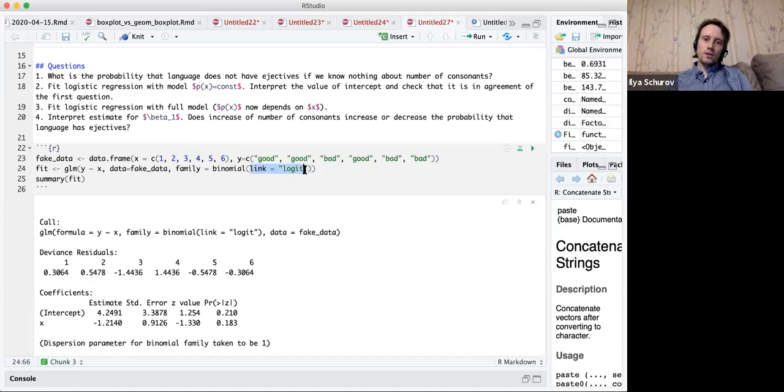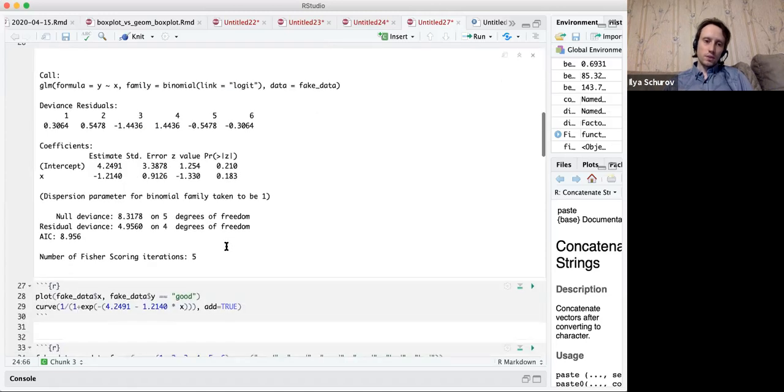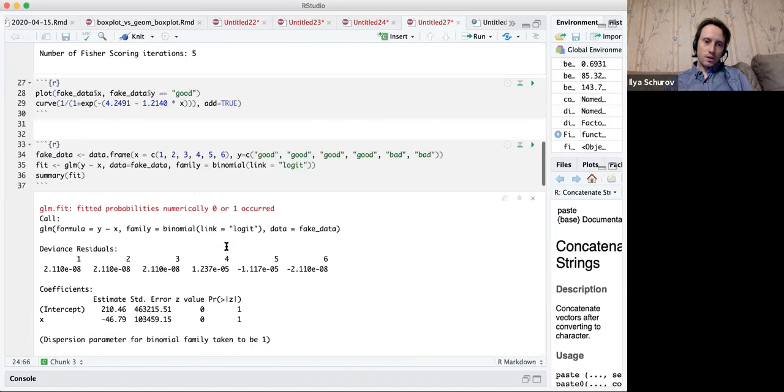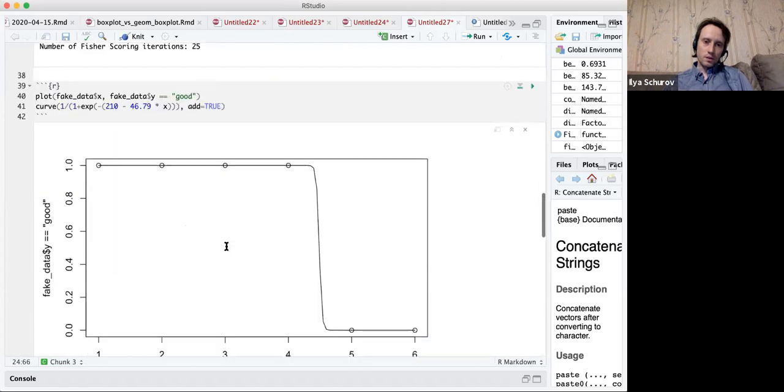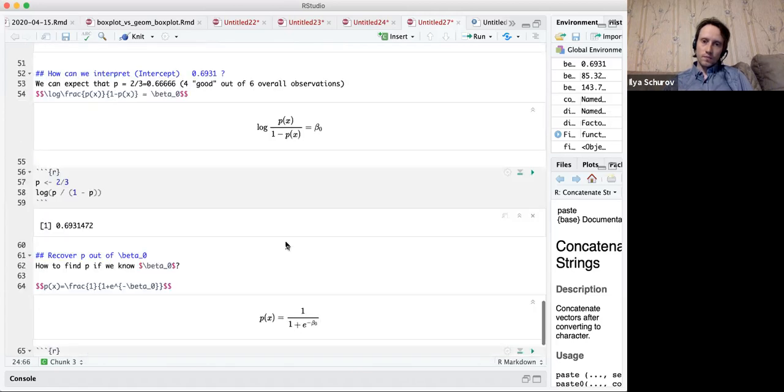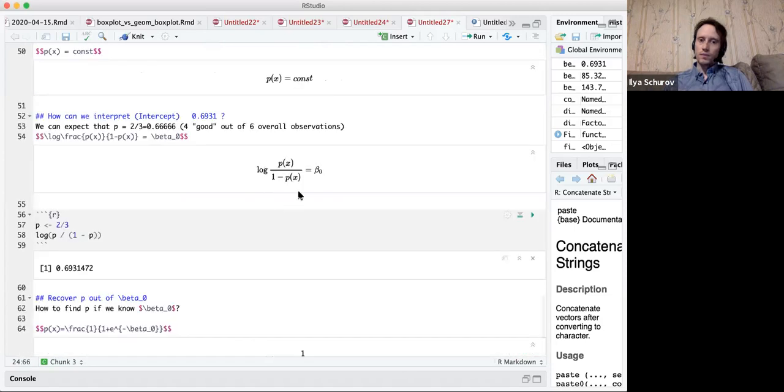And this link logit is just a function that we use, the function with logarithms. I think this function is called logit.